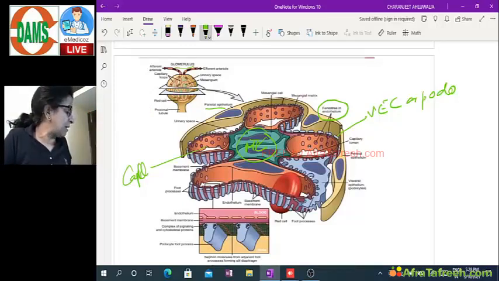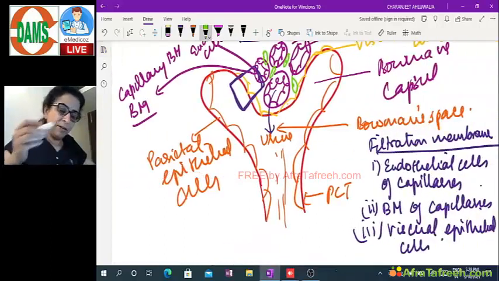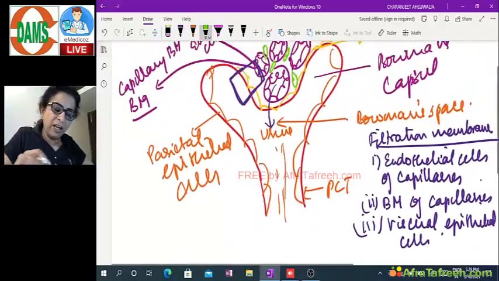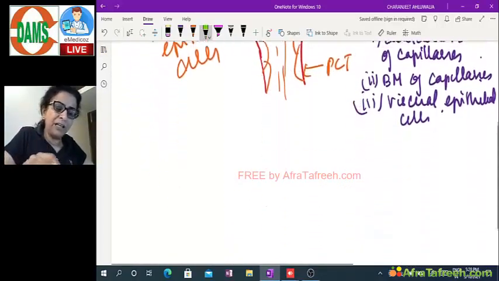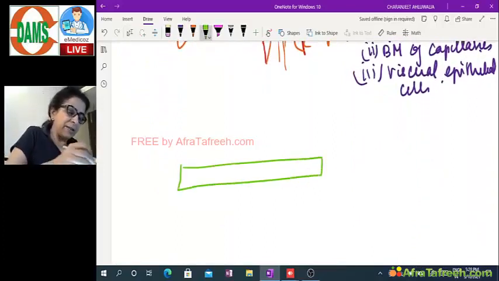Okay, now with this little bit of background, the first topic I will be starting with is the filtration membrane. If we want to diagrammatically represent this filtration membrane, I can represent it something like this.